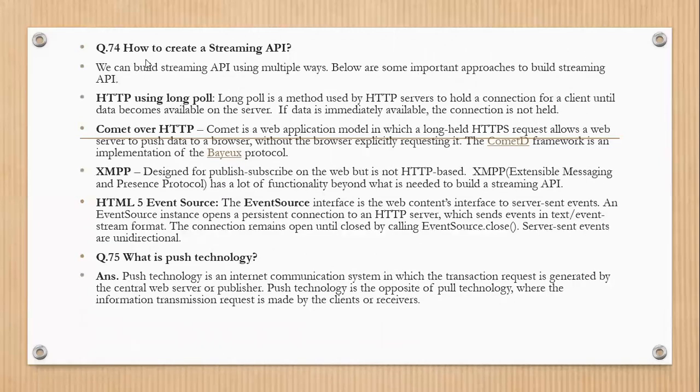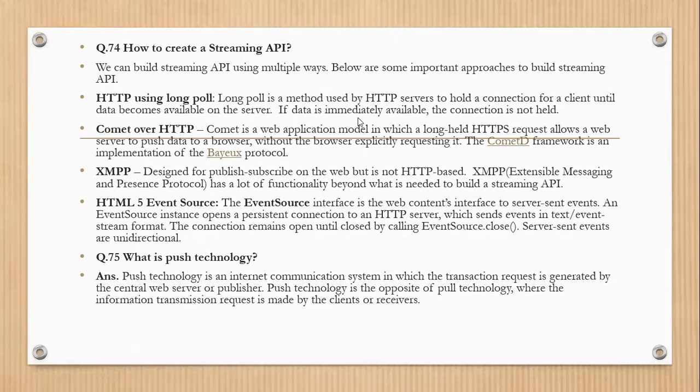The next question: how to create the streaming API? We can build the streaming API in multiple ways. Below are some of the important approaches. First, HTTP long polling: the server holds a connection open for the client until data becomes available.